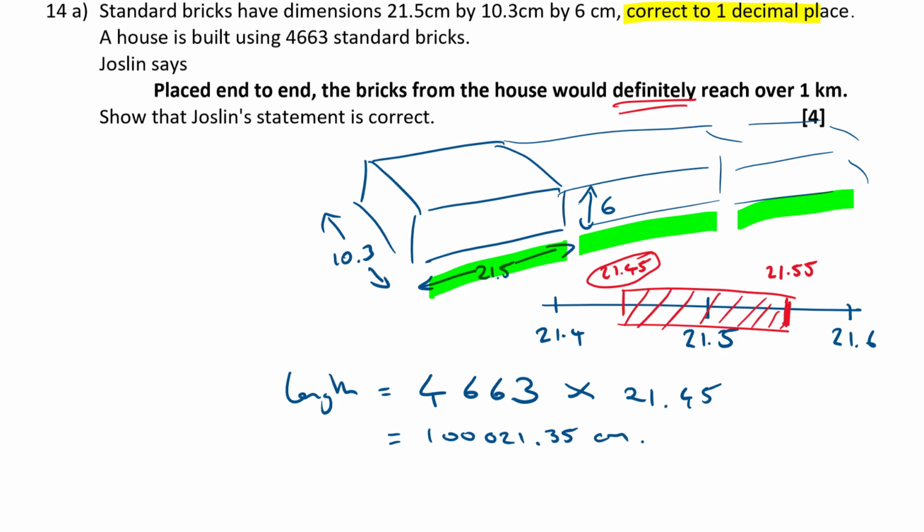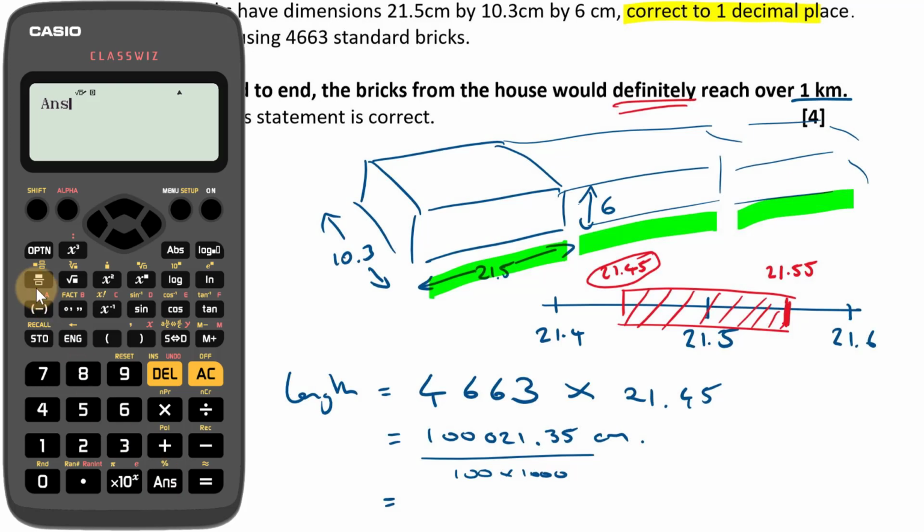So if I want to convert into kilometers, I've got 100 centimeters in a meter, so divide that by 100 to get meters, and there are 1,000 meters in a kilometer, so divide it by another 1,000 to get kilometers.